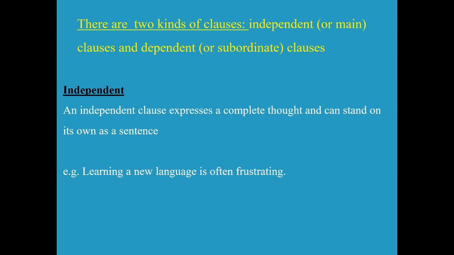All right? So, an independent clause expresses a complete thought and can stand on its own. Here, can stand on its own means it will convey its own meaning without depending on another part of the sentence or another word of the sentence. All right?